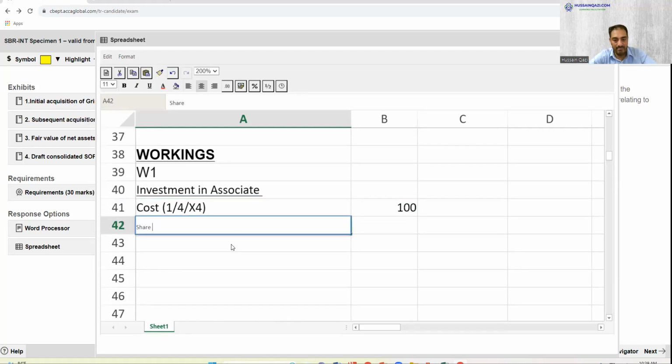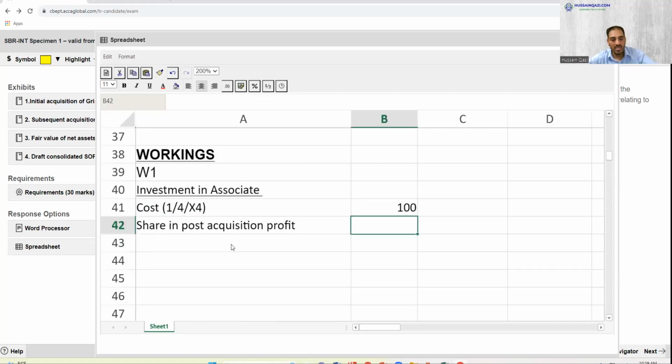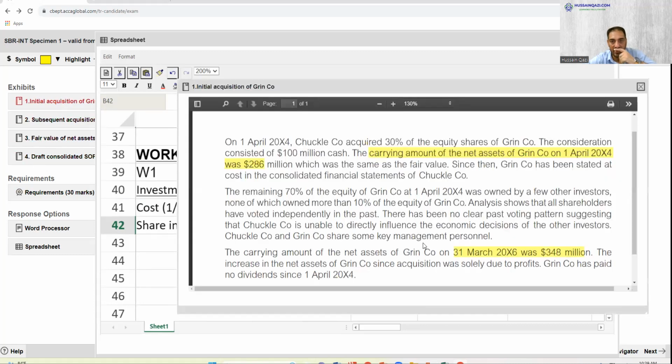Then share in post acquisition profit, that we have already covered with the post acquisition profit, and it's very simple.